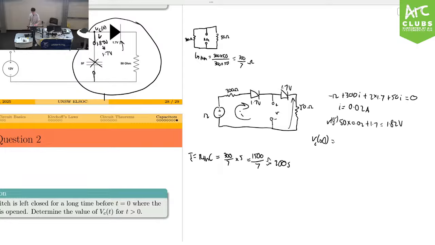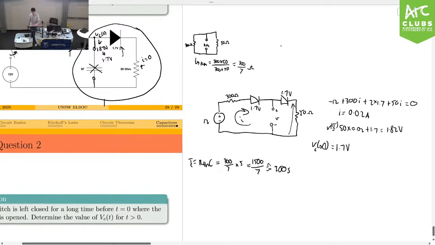So really, this answer is 1.7 volts. And this current will be 0, so there's no voltage across that. So really, you're measuring this, and this is 1.7 volts. So it's a bit weird. You have to use a bit of intuition. It's not like rote learning, this question. So it's pretty good.